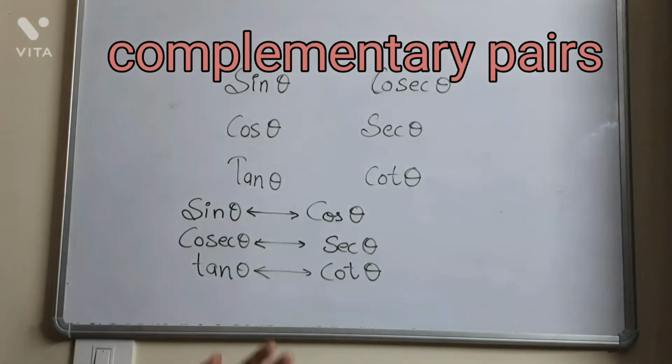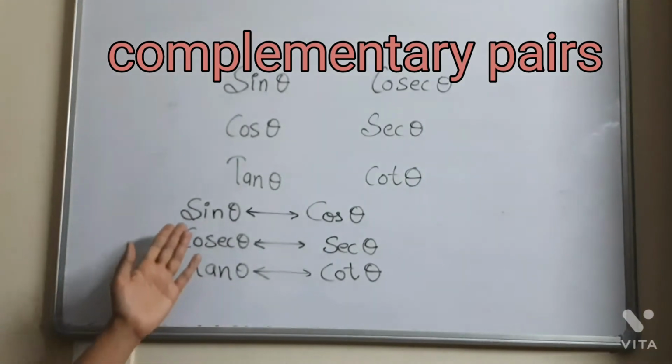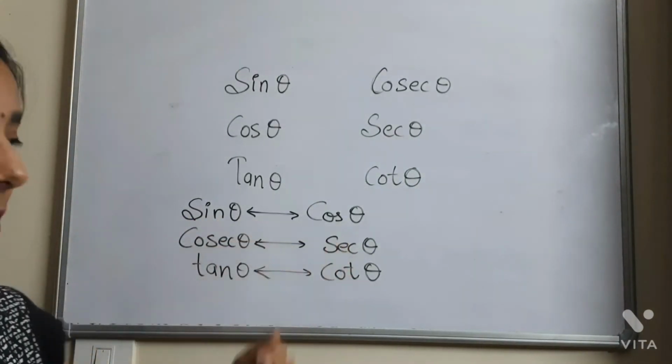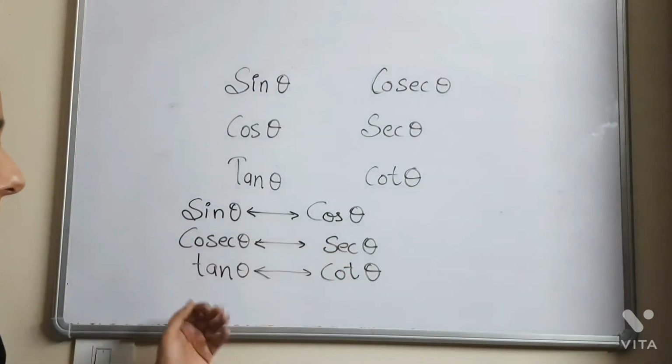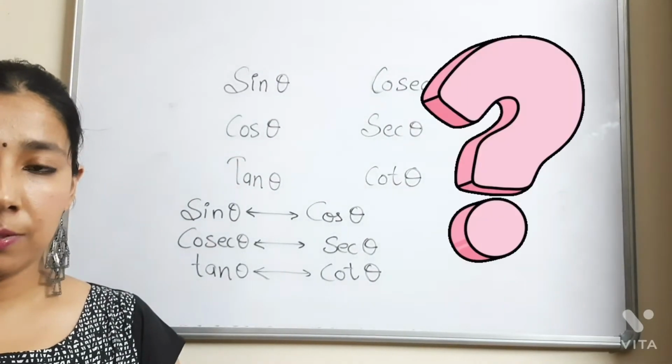Now how do they make pairs with one another? What is meant by the complementary pair between sin theta and cos theta, cosecant theta and secant theta, tan theta and cot theta? What is meant by making a complementary pair with each other?